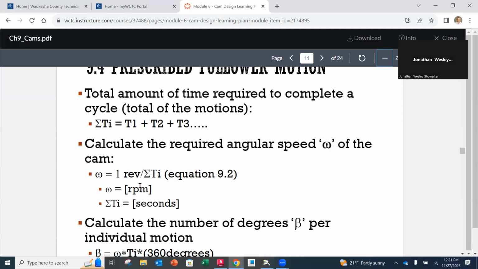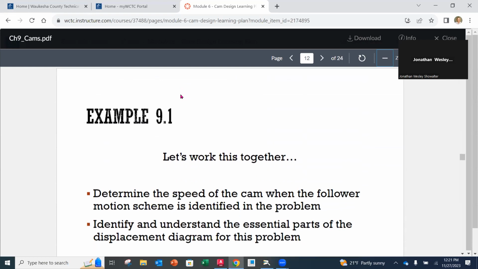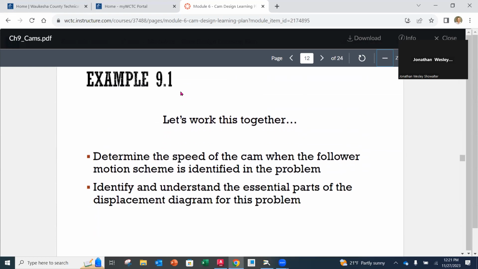But we're going to find that we're going to do it in revolutions per second when we're using it in here, because we're going to be dividing 1 revolution by seconds rather than minutes. Seconds makes more sense. This will definitely make more sense once we go through this first example.